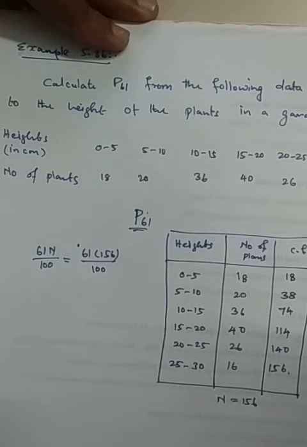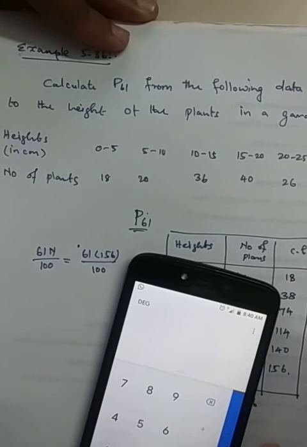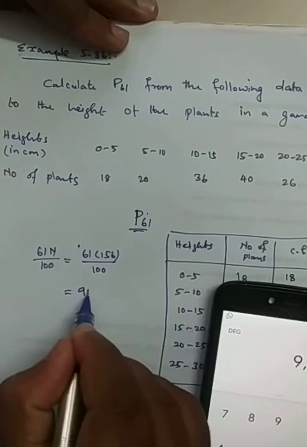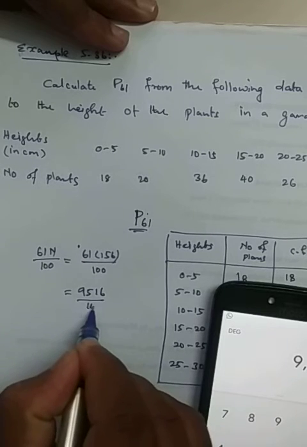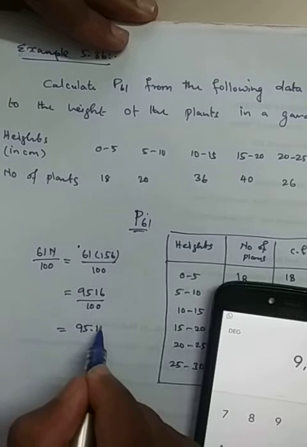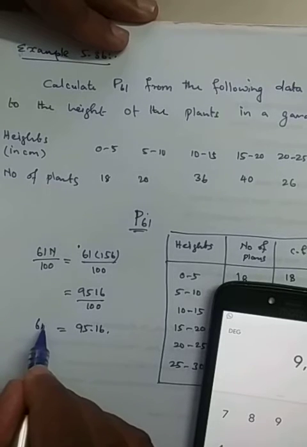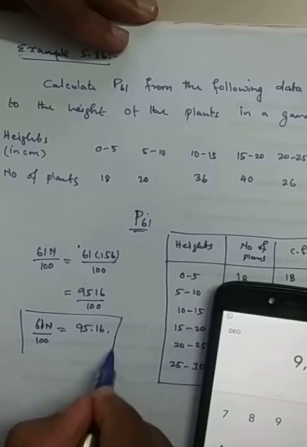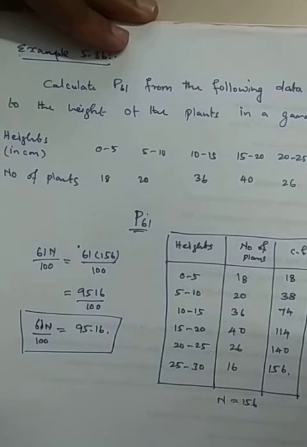Now I use the calculator here. 61 into 156, what are you getting? 9516. 9516 divided by 100, just shift the decimal. So 95.16 will come. That is the value of 61n by 100. Keep that aside.